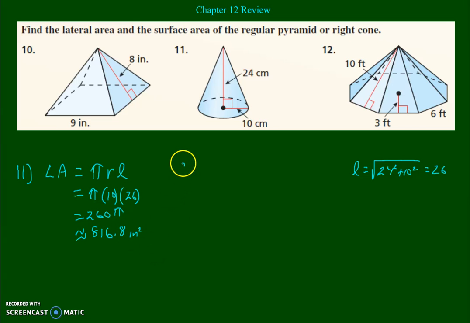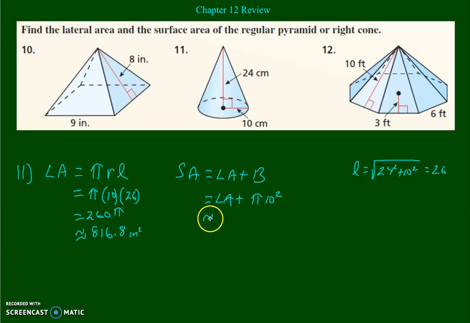Now for surface area, we have lateral area plus, again, one base, the area of the base, which is going to equal lateral area plus pi r squared, which is 10 squared.